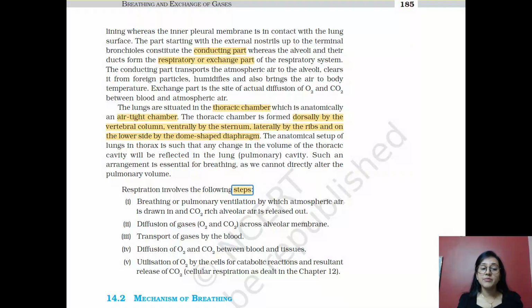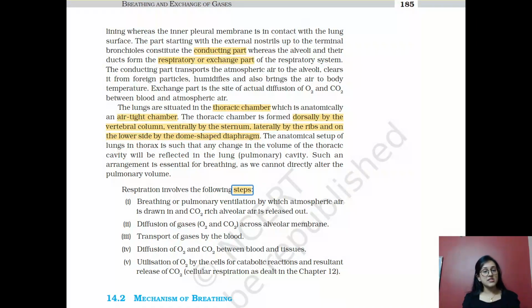The conducting part transports the atmospheric air to the alveoli, clears it from foreign particles, humidifies, and also brings the air to body temperature. So the conducting part here performs three main functions.